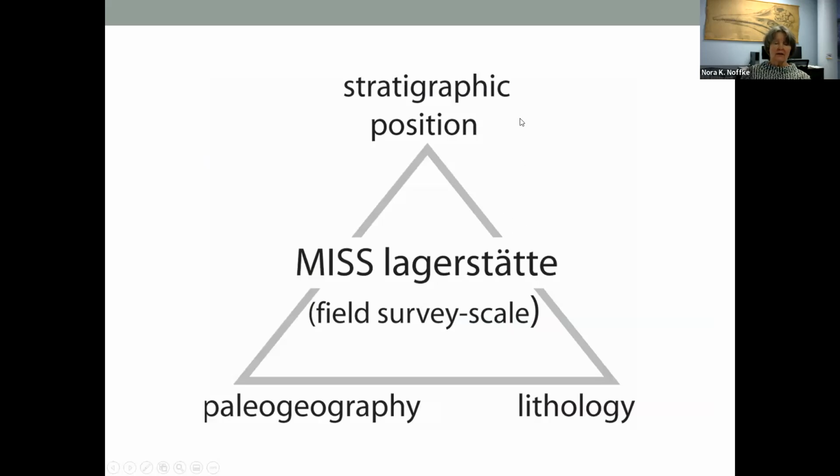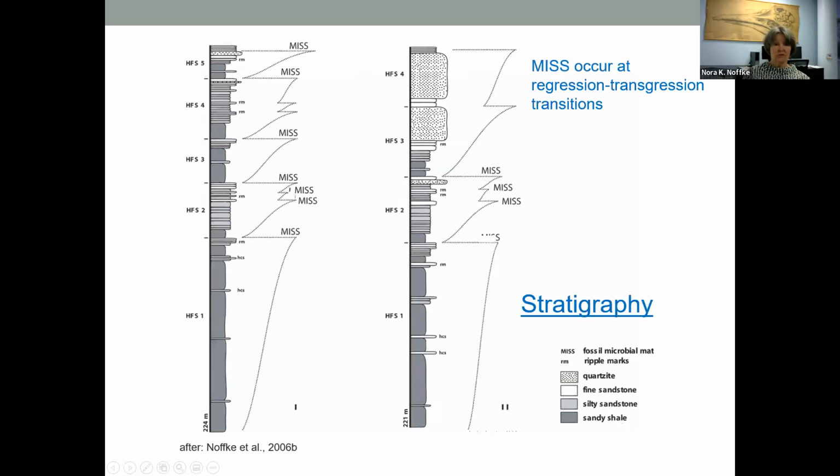MISS Lagerstätten show a certain stratigraphic position, a certain paleogeography, and a certain lithology. I'm going to show this now. With respect to stratigraphy, MISS are located in areas where there is transgression. So wherever there is a transgression in sequence stratigraphy, we can expect MISS, which is very helpful if we deal with very monotonous clastic successions.